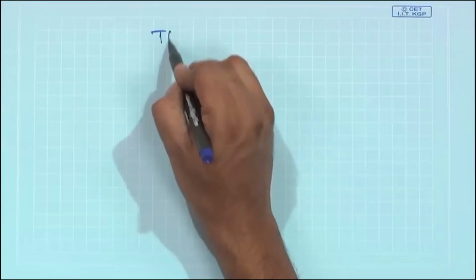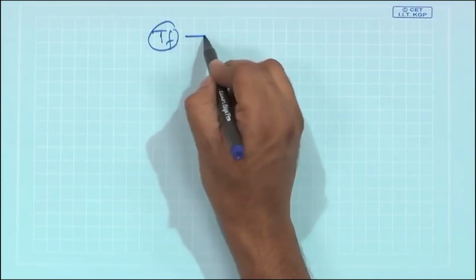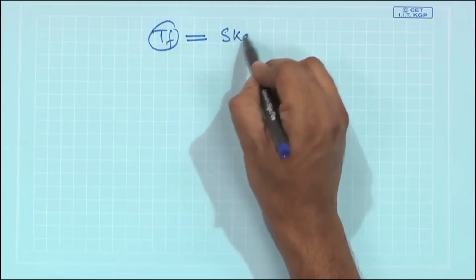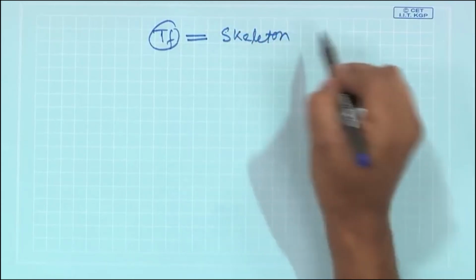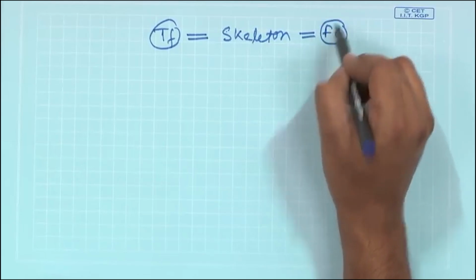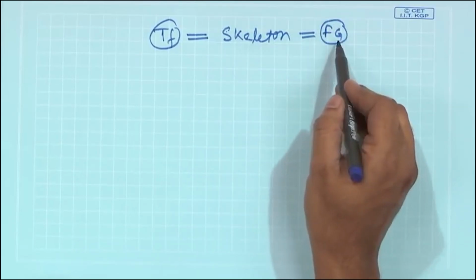So, it is basically pretty simple, and we will try to have a few more examples, but the take home message is that transformation is always correlated with the skeleton, and this is also correlated with the functional group which was present in the particular target molecule.